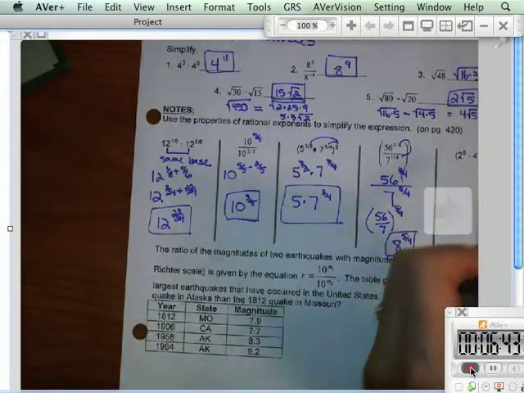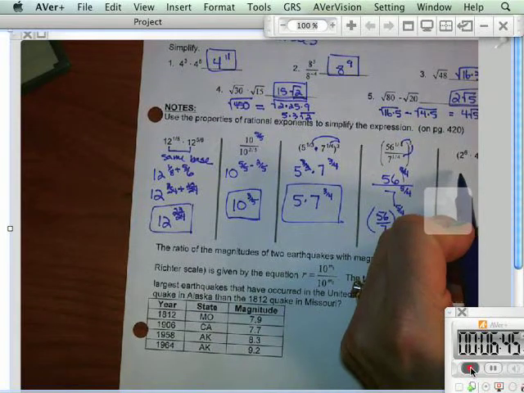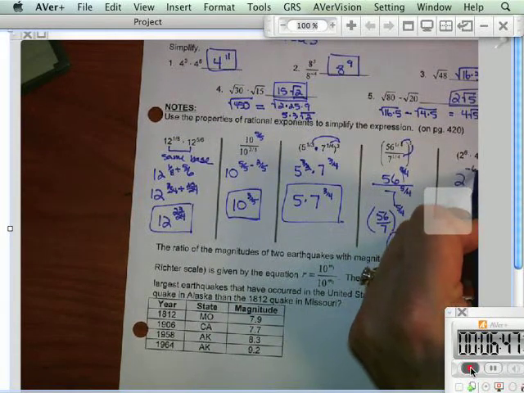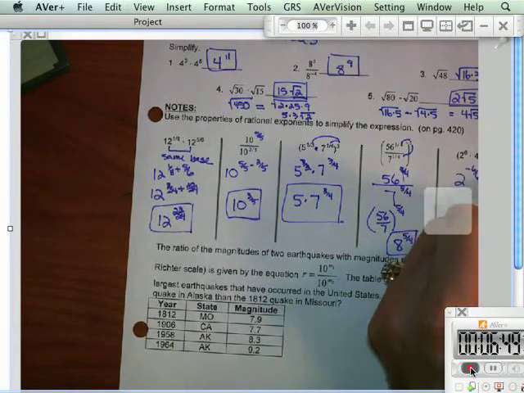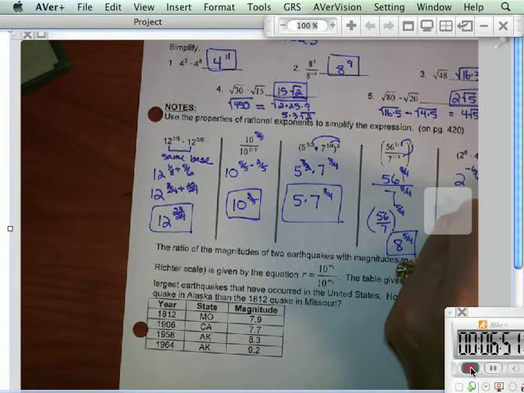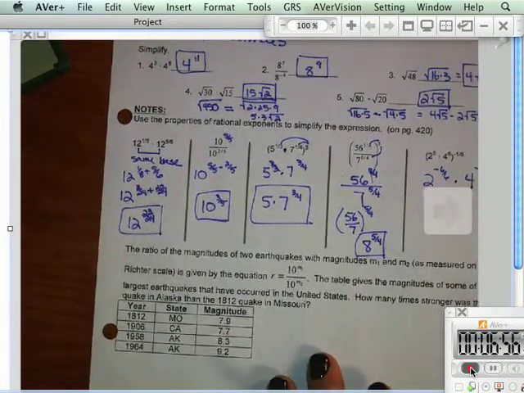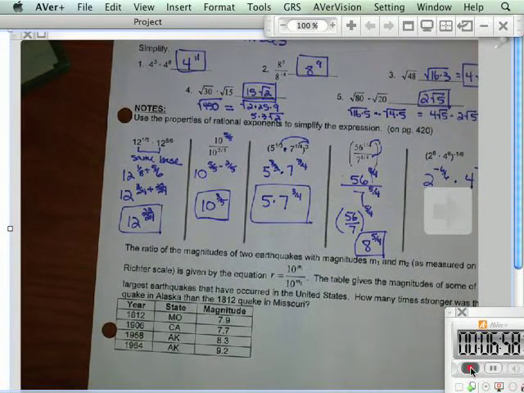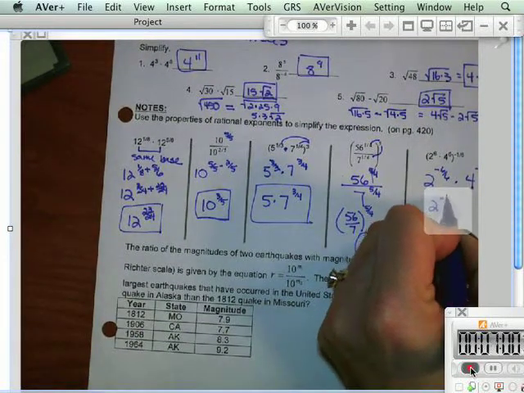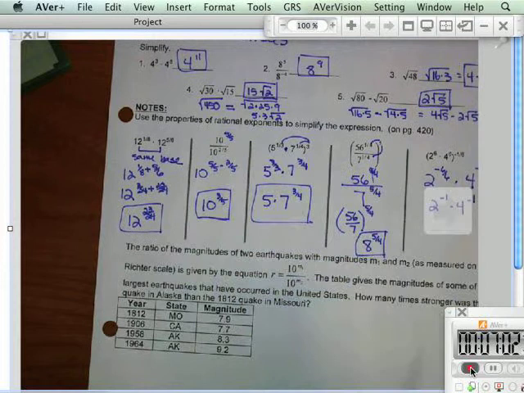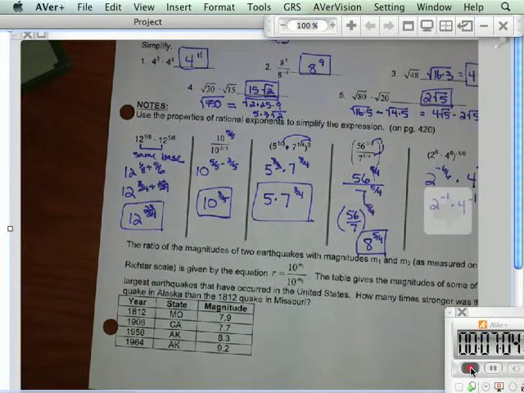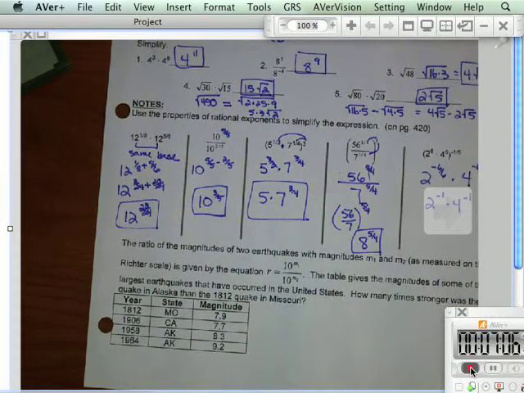All right, here, we still distribute. Let's distribute 2 to the negative 6 over 6 times 4 to the negative 6 over 6. Let's make that exponent prettier: 2 to the negative 1 times 4 to the negative 1. I don't want negative exponents in my simplification.